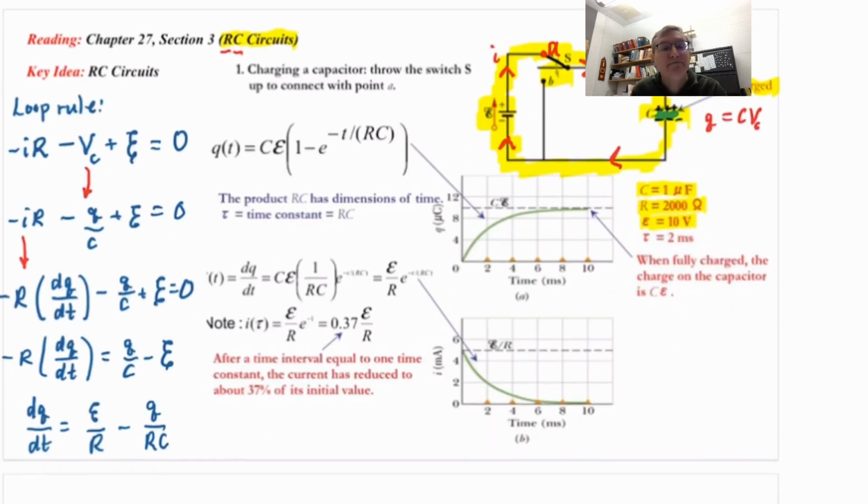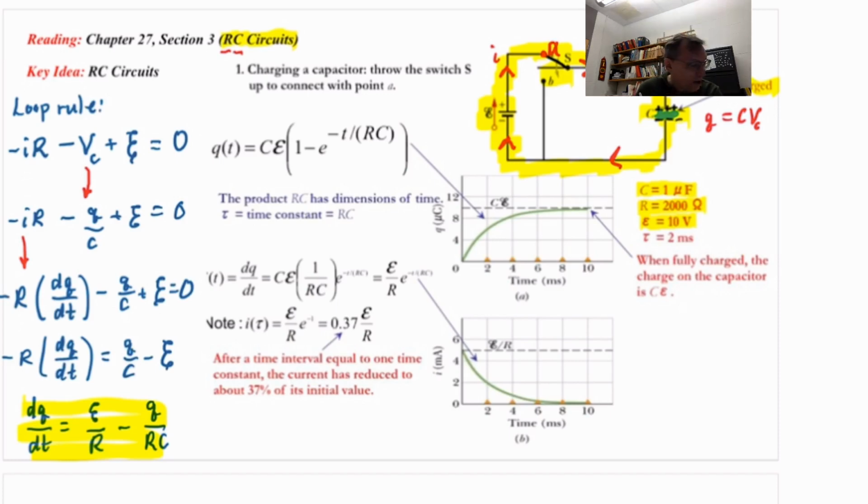As you can see, that is the equation right there. It might look kind of odd, but that is an equation that will tell us the charge on the capacitor plates. And it's a function of time.